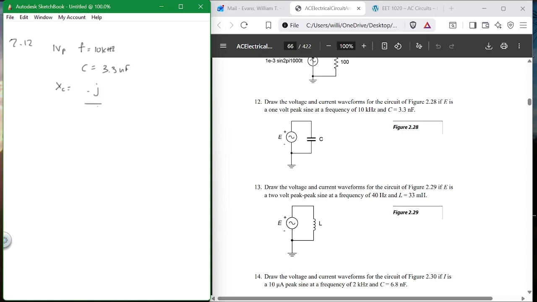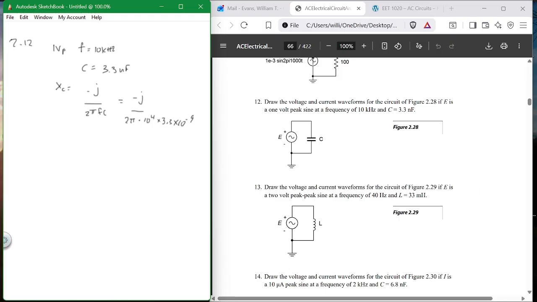X sub C is equal to minus J over 2 pi FC. So X sub C is minus J over 2 pi times 10 to the 4th times 3.3 times 10 to the minus 9th. Let's calculate that out and see what we got.